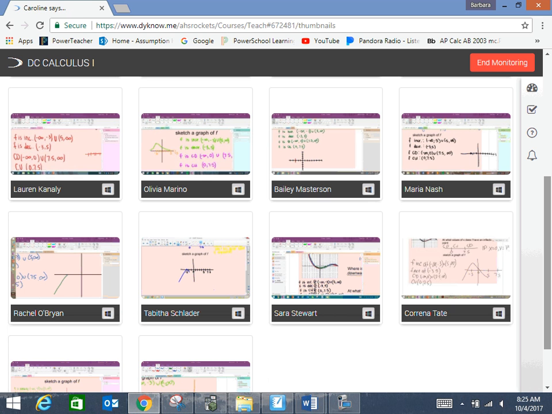Stuck? Or are you just working? So you can check your decreasing, increasing, concave up, concave down.